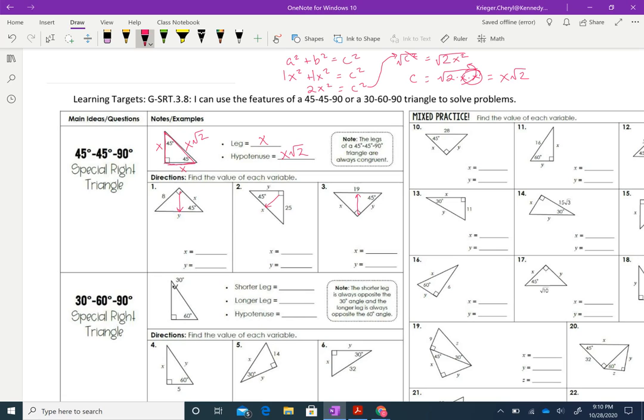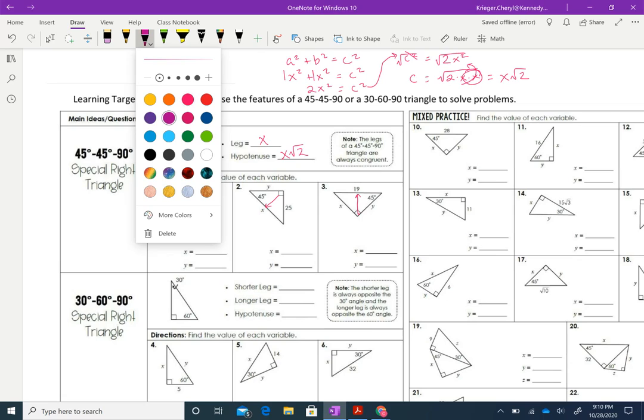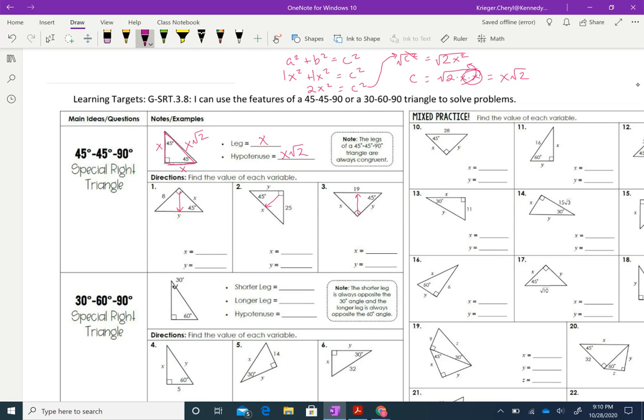So let's just take a moment, and I'll change colors here, to label our legs as x and our hypotenuse as x root 2. So this is x root 2, and x root 2.